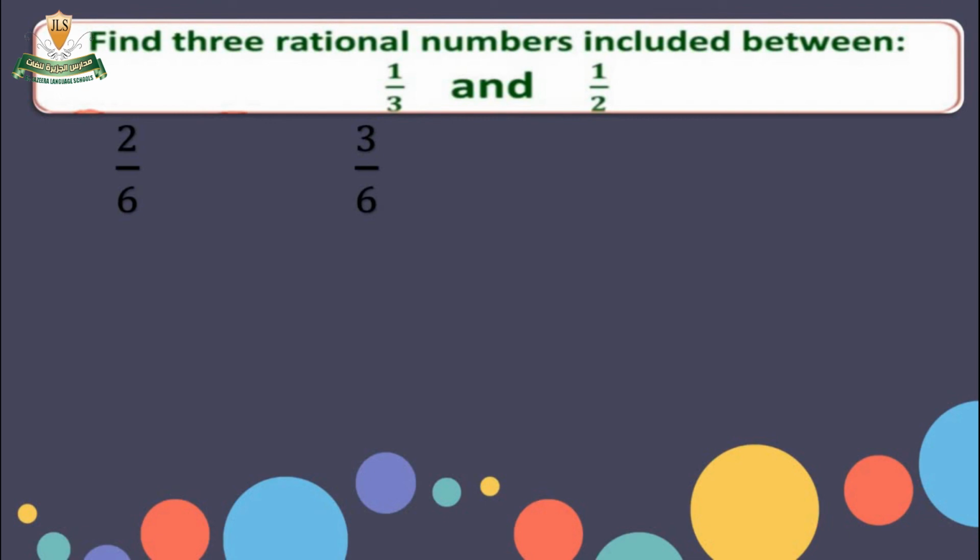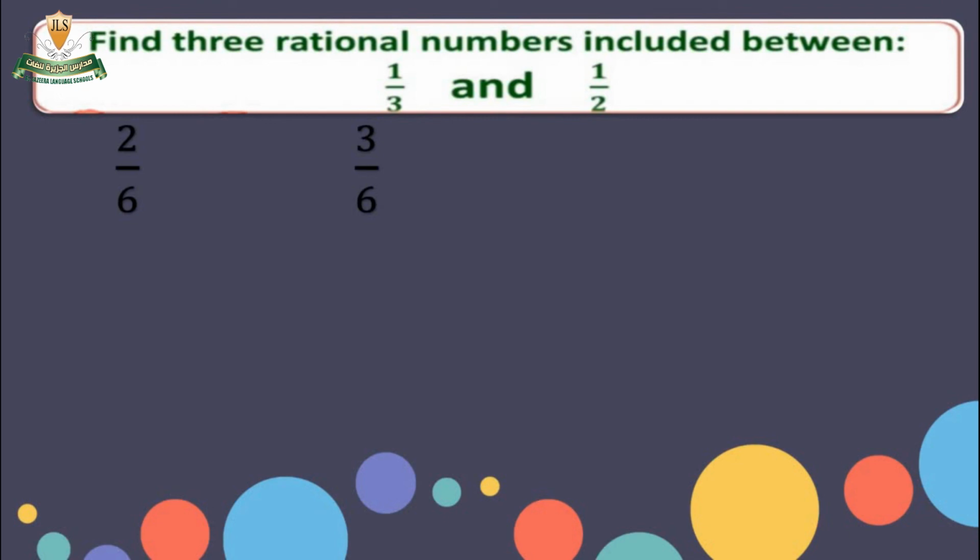Okay, then make a cross multiplication. 2 multiplied by 1 gives me 2 in the numerator of the left number, and 3 multiplied by 1 gives me 3, which I will put in the numerator of the right one. Now, can you find 3 rational numbers between 2 over 6 and 3 over 6? No, I can't find them.